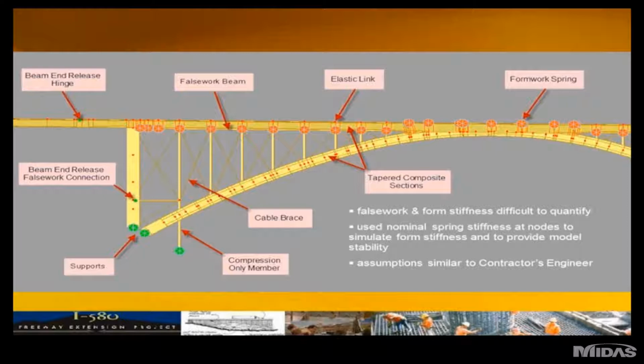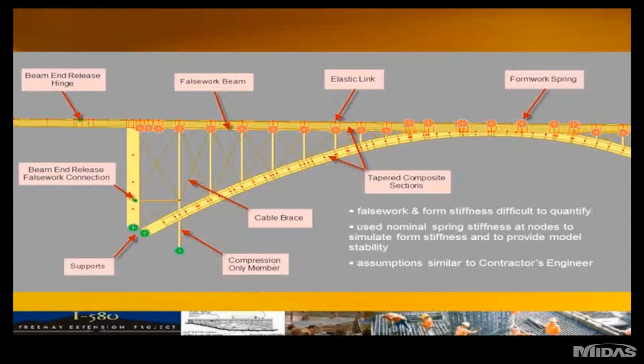False work is modeled. The loading of the false work is modeled using compression-only elements. Cable bracing was installed to simulate the California type cable bracing for false work design. Elastic links connect the false work nodes to the superstructure nodes.